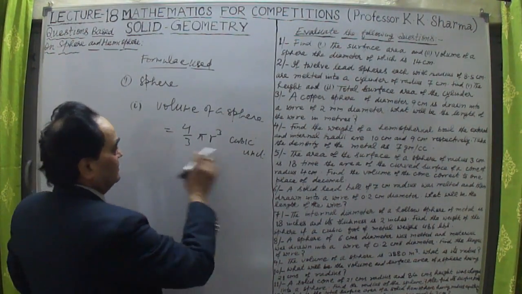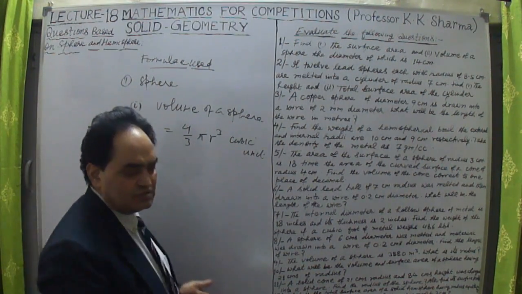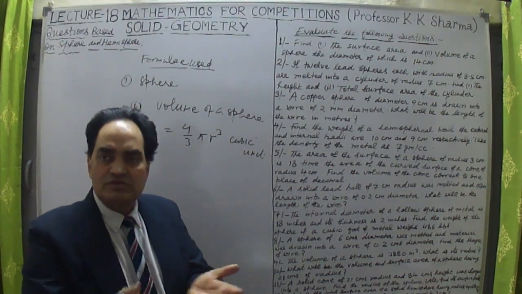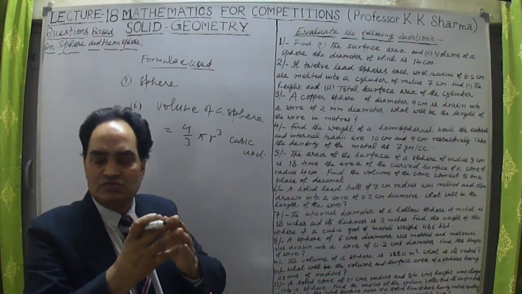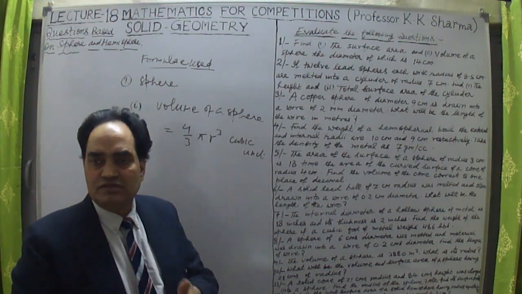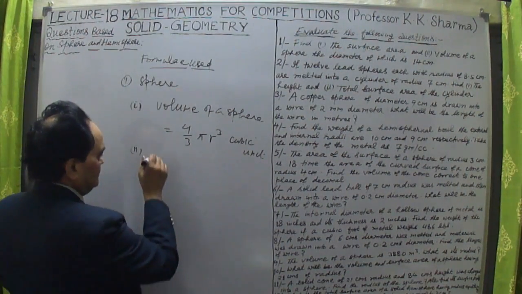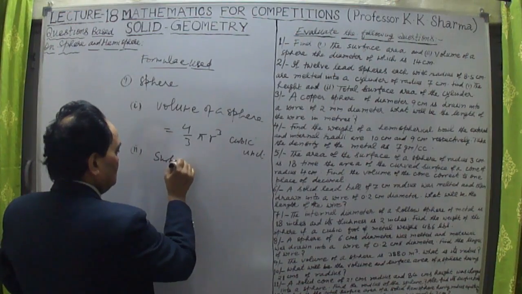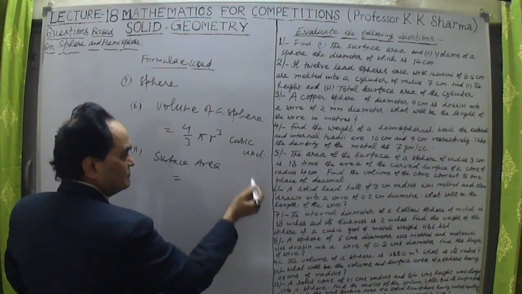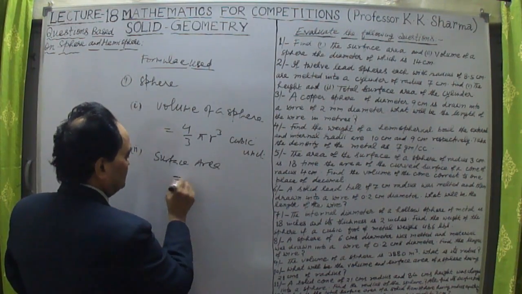Now come to the next thing. The second point is surface area. It is known as total surface area or surface area, or curved surface area. In the case of a sphere, only one surface area is there, so surface area, curved surface area and total surface area are all the same.